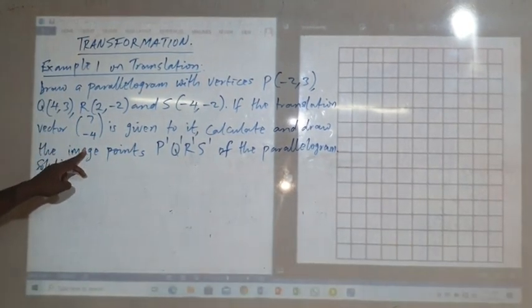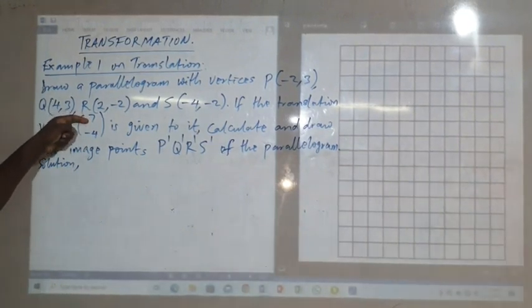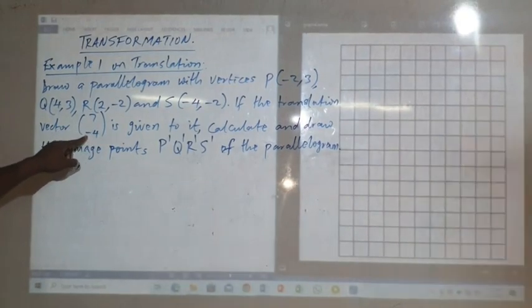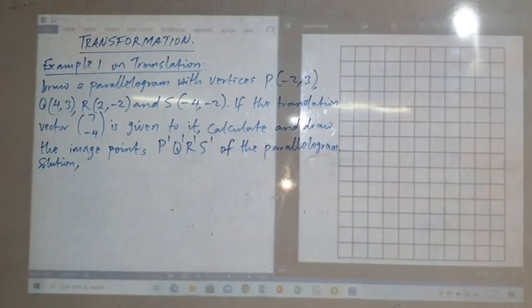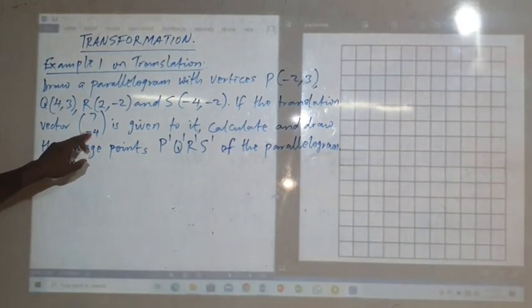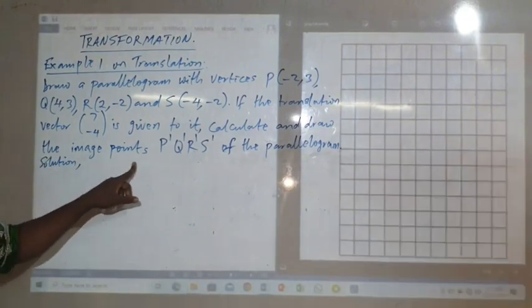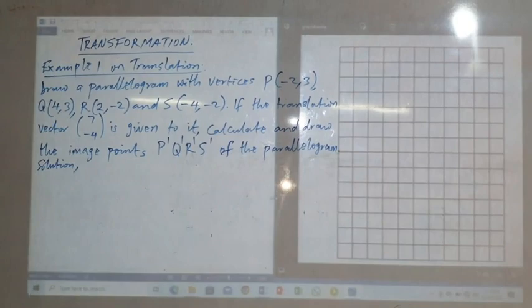But as it is now, we are moving to the right 7 units. The first number is always for the i unit, while the second is always for the j unit, which is also known as the Y-axis. So to the down part 4 units. So calculate and draw the image points P prime, Q prime, R prime, and S prime of the parallelogram.